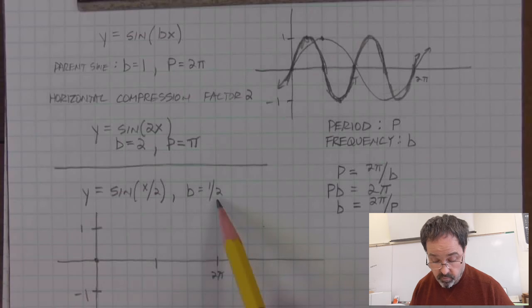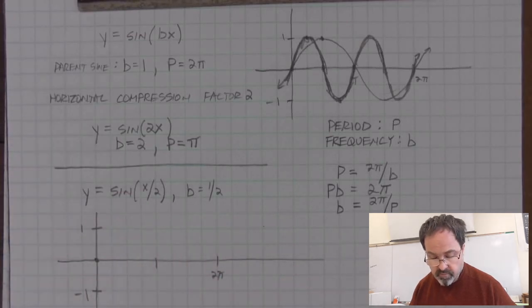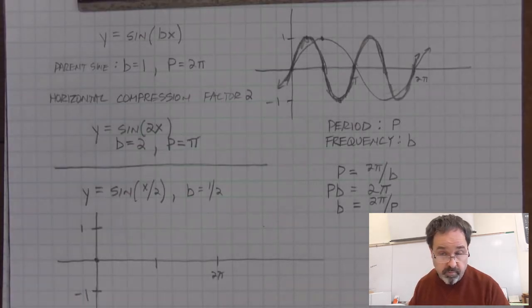Its frequency is 1/2. Or we could think of this as a horizontal dilation where we're stretching because we're dividing by 2. So we're doubling distances. It's counterintuitive. Dividing by 2 means to double horizontal distances.